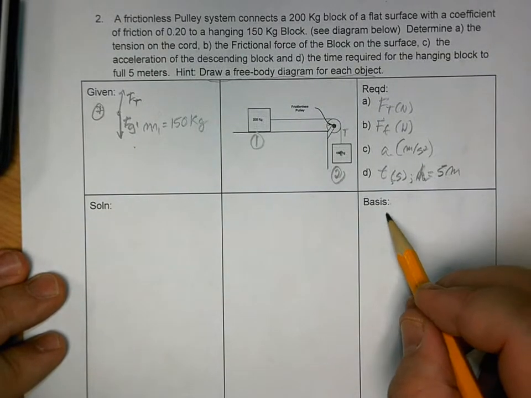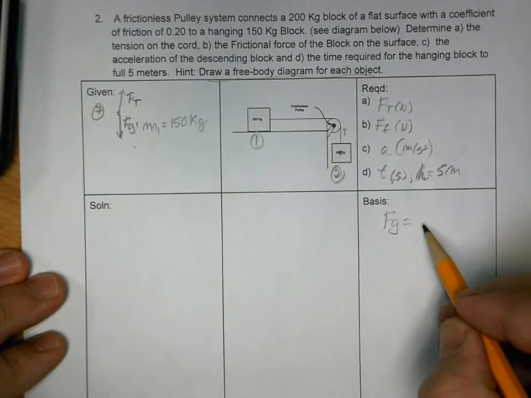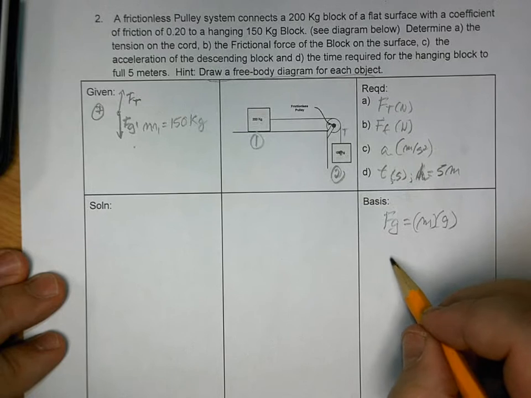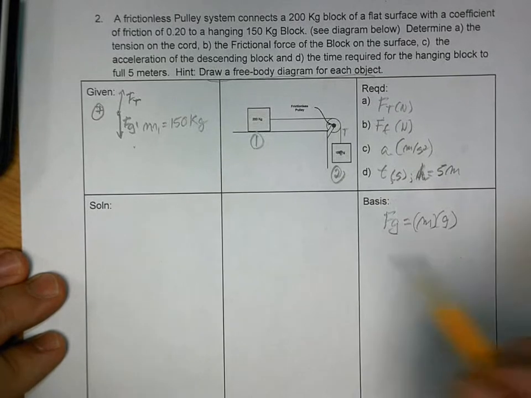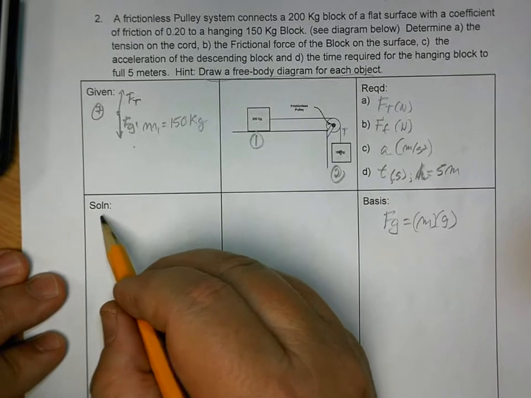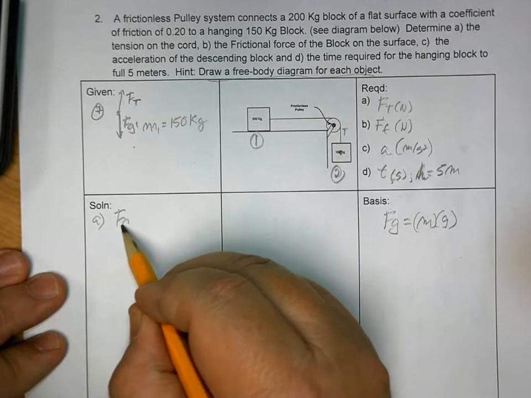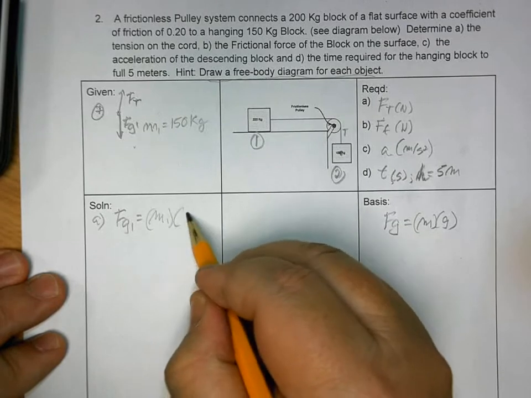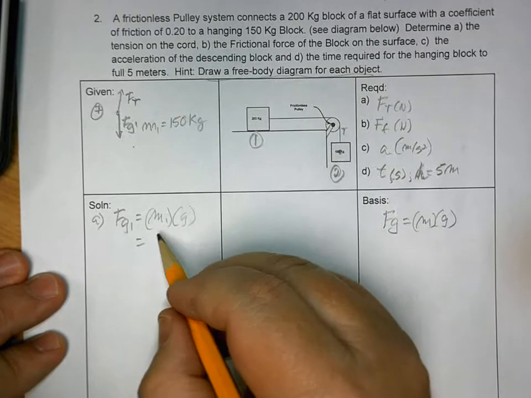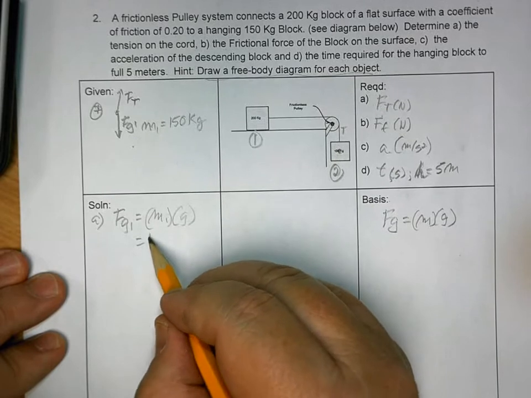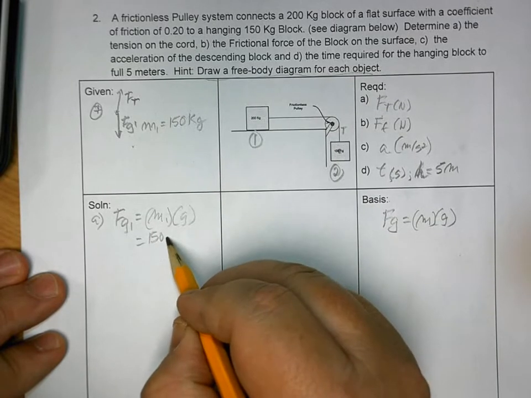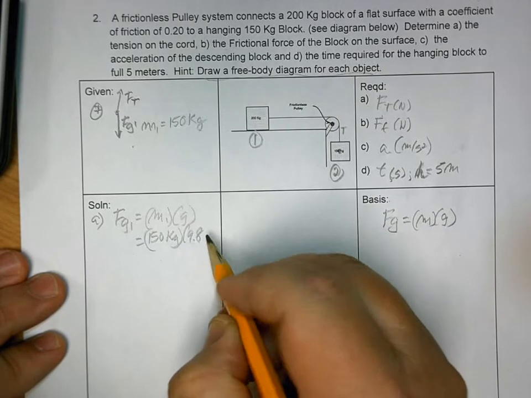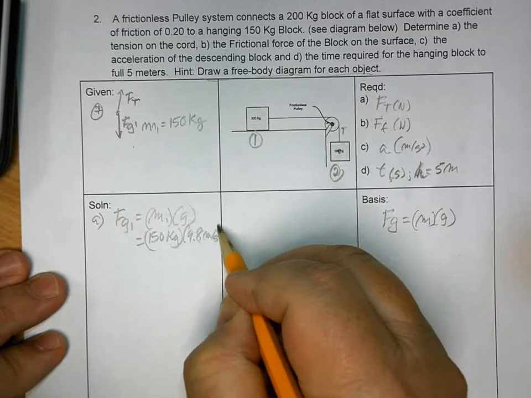So the first basis is that Fg is equal to m times g, mass times the gravity. Okay, so solution here, A. Fg1 is equal to m1 times g. m1 is 150 kilograms times 9.8 meters per second squared.